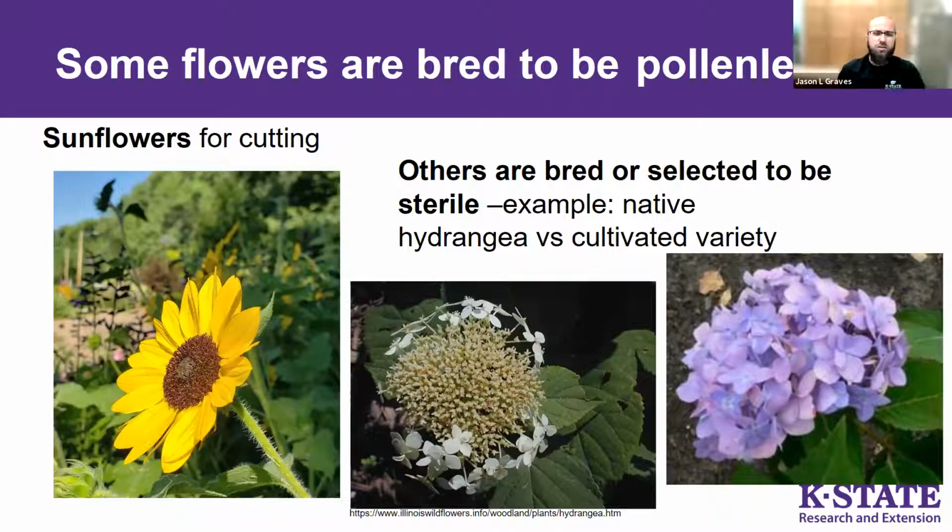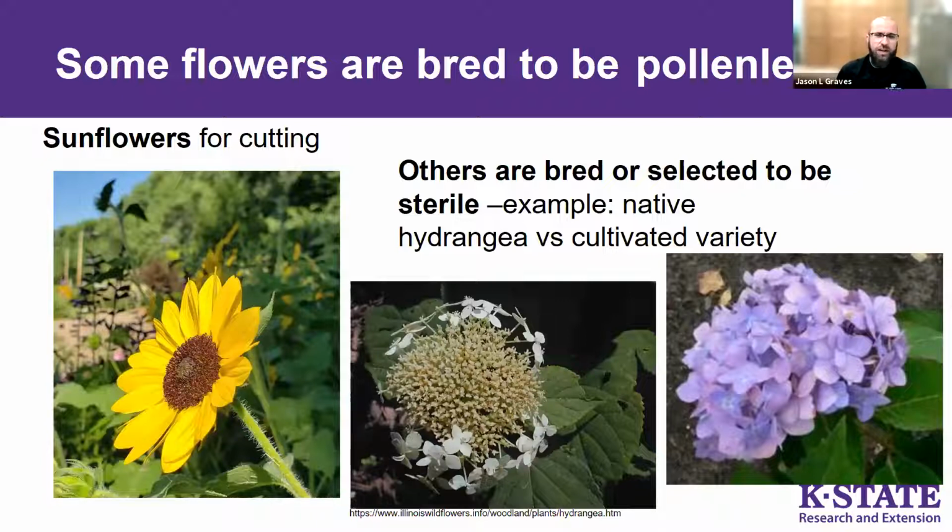So in our sunflowers, we now have cultivars that are pollenless, which of course is not going to support our native pollinators. Some breeding in plants, some of the hydrangeas is a good example of how our native hydrangeas have been changed pretty dramatically as well, as far as how their flowers appear.